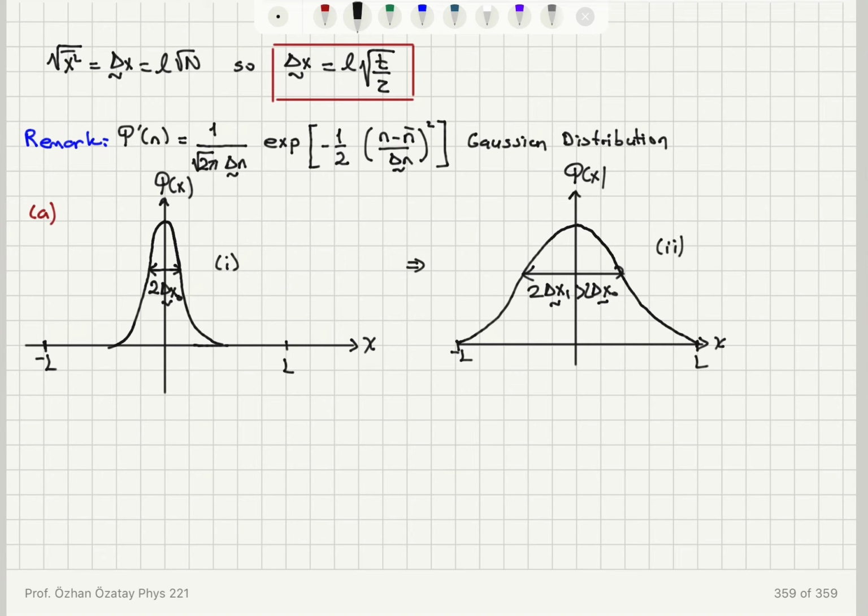If I wait for a very long time, what will I see? I will see that the atoms have diffused to the left and to the right, and basically I will see a more or less uniform distribution here.